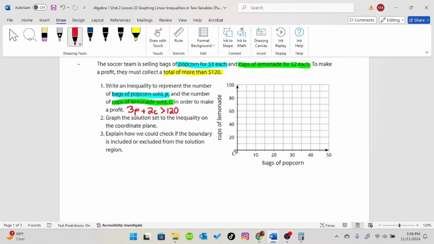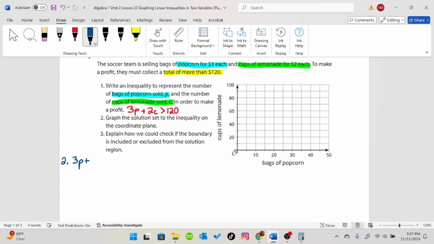Number 2 wants us to graph the solution set to the inequality on the coordinate plane. So the inequality that we wrote is in standard form. The P and the C are on the same side. So because it is in standard form, we can use it to find the intercepts. First, we'll let C be 0.